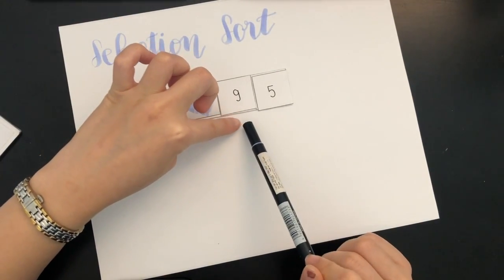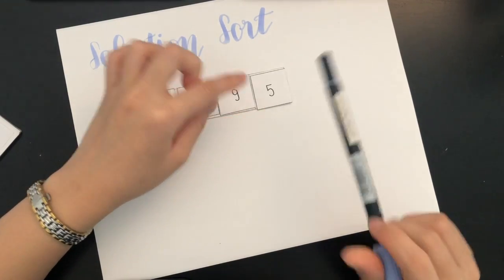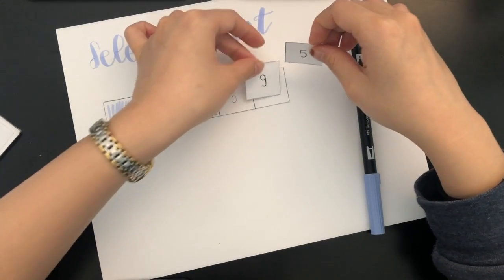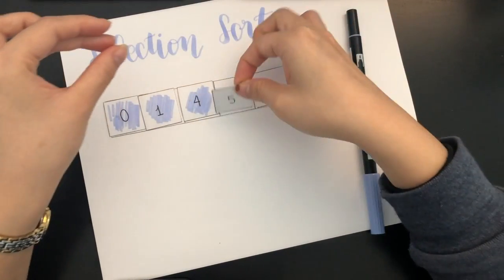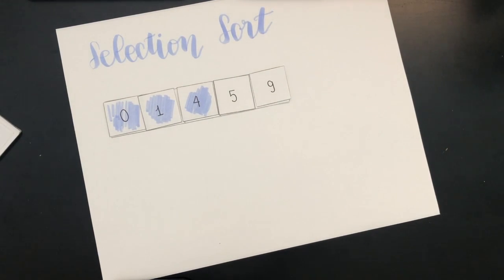So let's consider this is the smallest. Is it smaller? Yes. So this is smaller. So we swap it. And then we would color it.